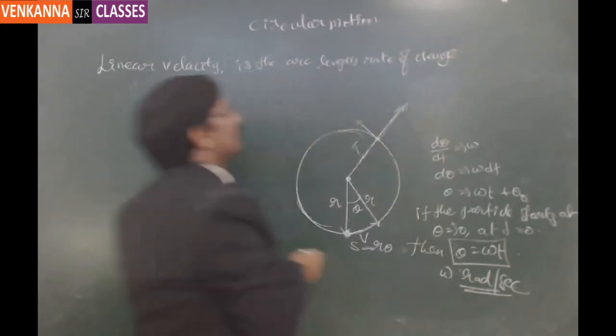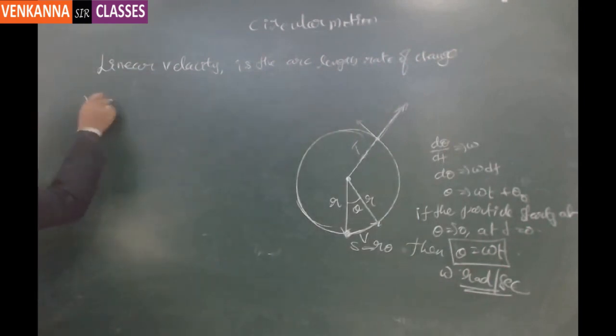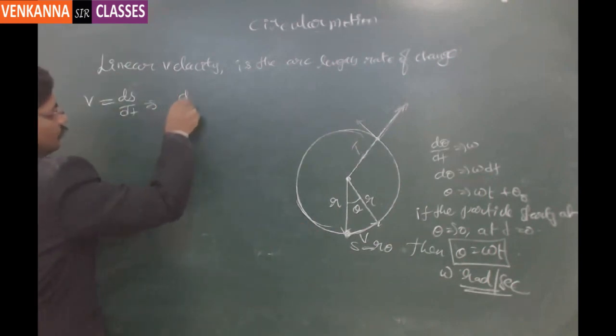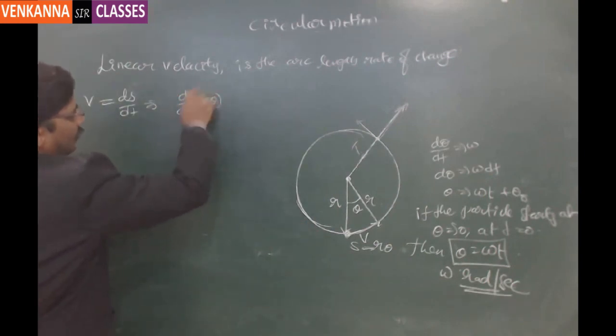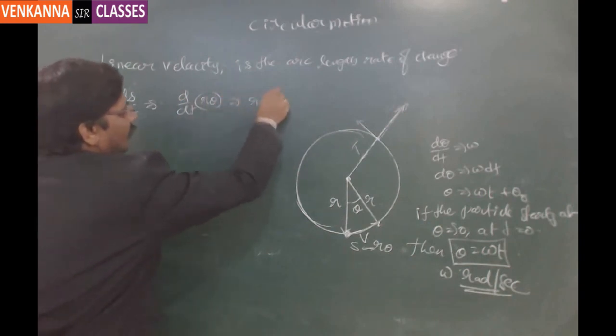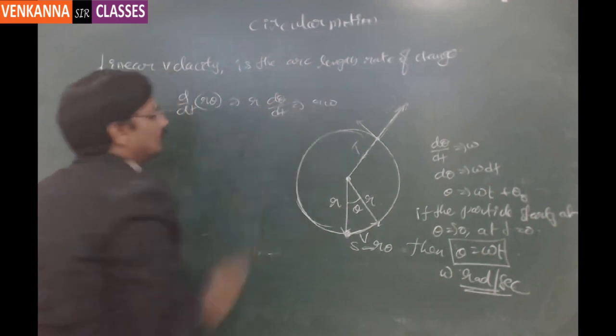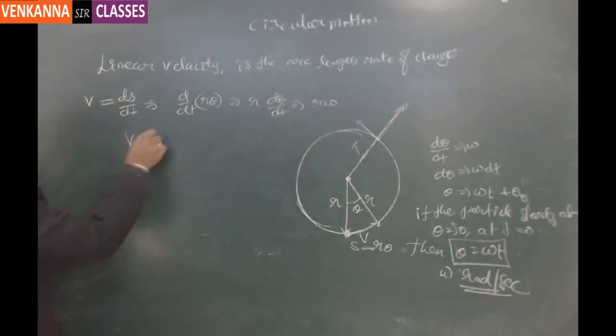This is usually represented with the letter V is equal to ds by dt, but S can be treated as r theta. So d by dt of r theta, and r being constant, r d theta by dt is equal to r omega. So the popular relation V is equal to r omega comes from this relation.